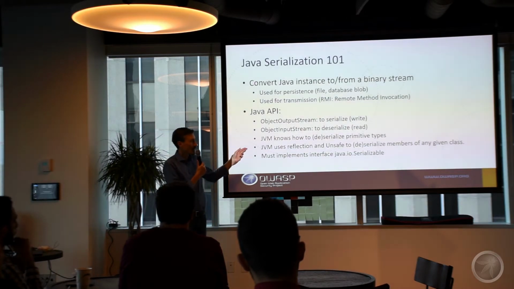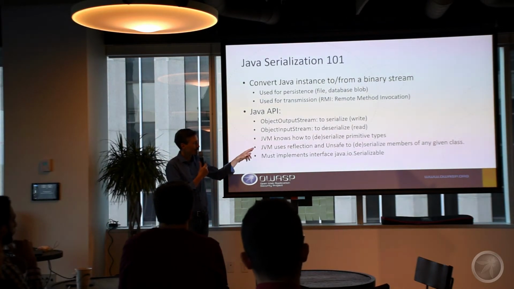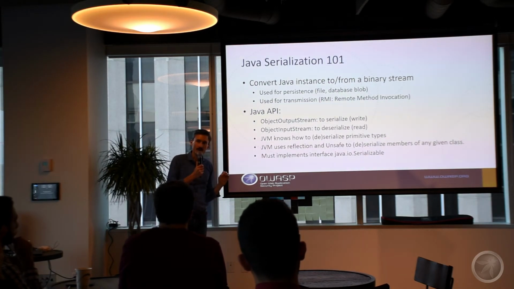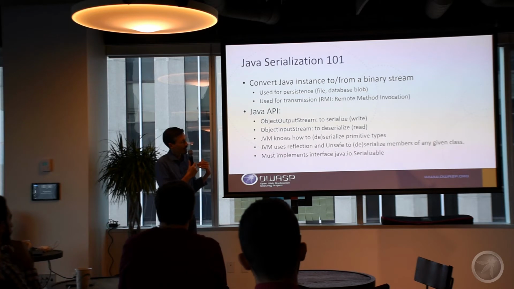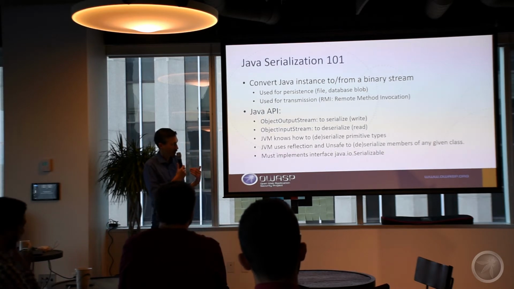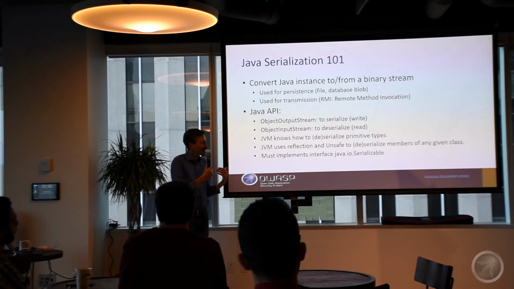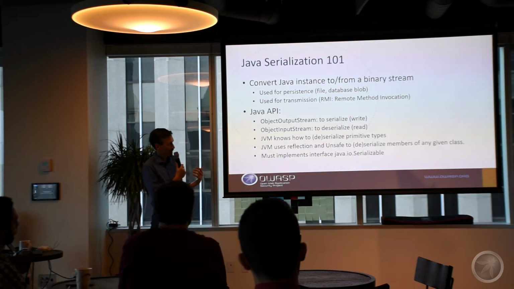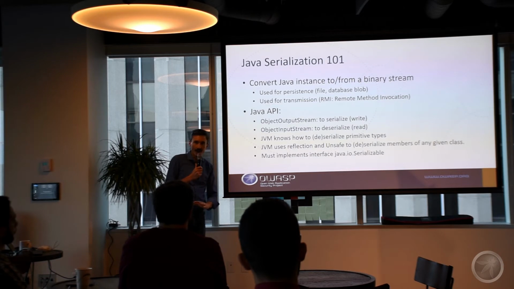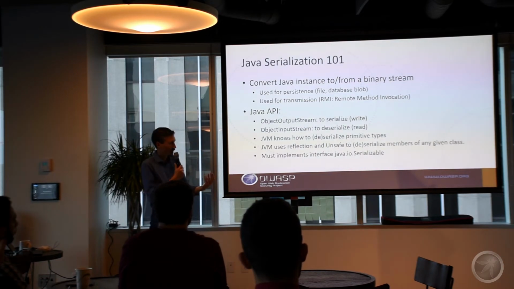But contrary to a common mistake that people often make, no constructor is involved when you deserialize, right? There is a mechanism in Java called Unsafe. I like the name. It's a way to construct an instance directly using pointers and the underlying mechanism without actually calling the constructor.